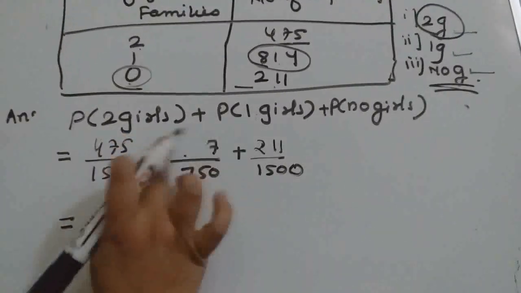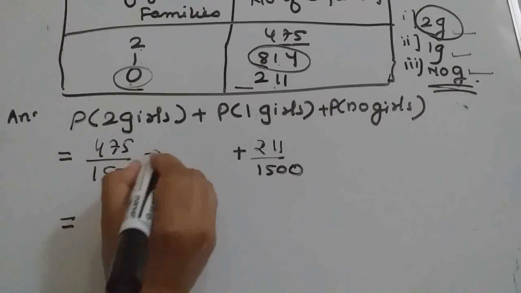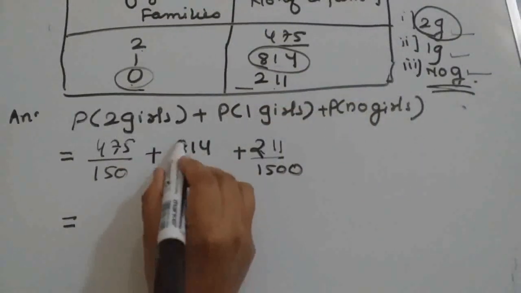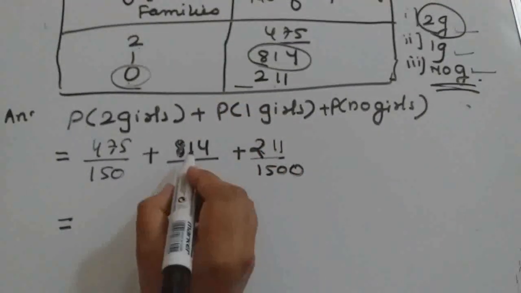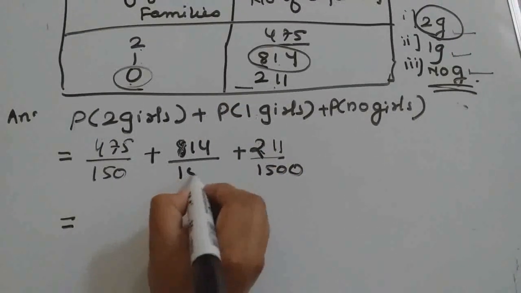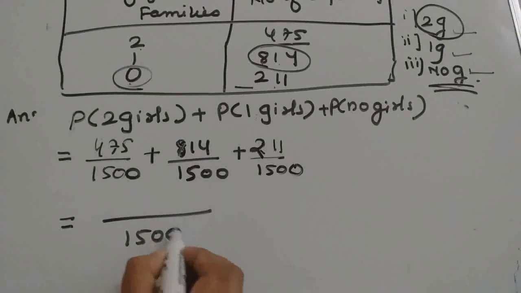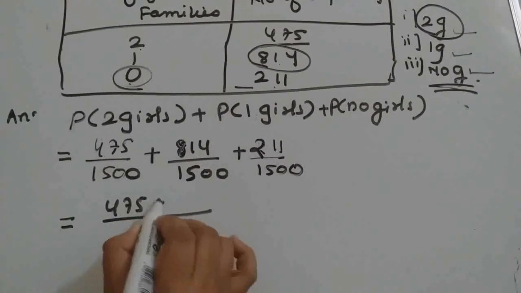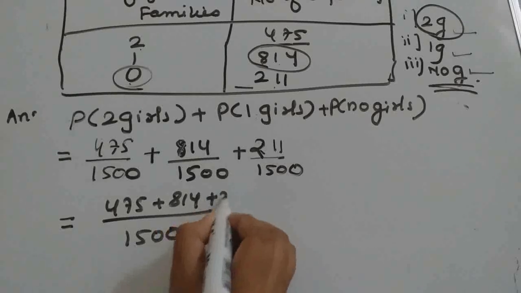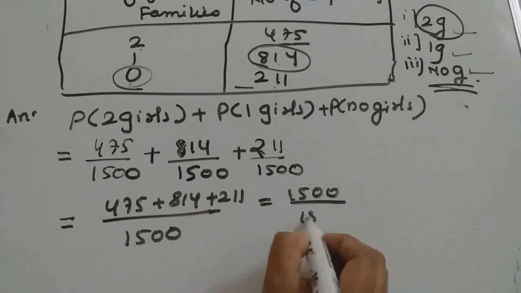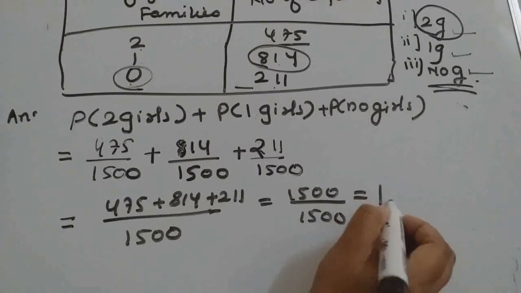Now here the denominator will be the same, so for addition it will be easy. 814 we simplified to 407. Okay, now the denominator is the same, so we can add the numerators. That will definitely give 1500. So the probability is 1.